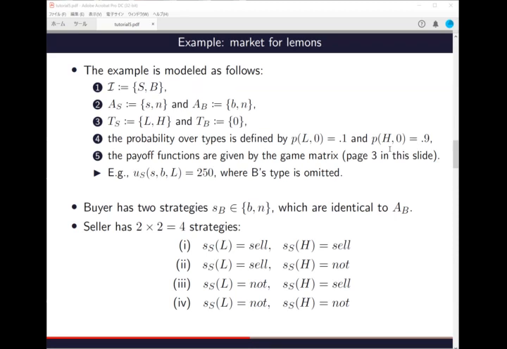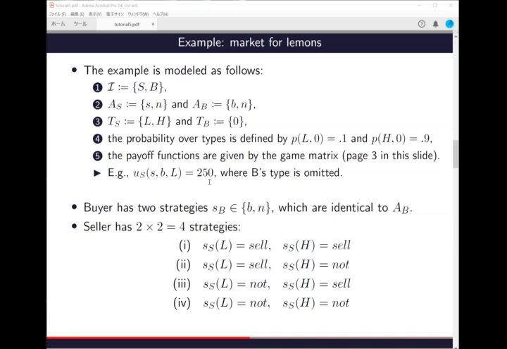The payoffs are given by the payoff matrix described previously. Now, in Bayesian games, the action and strategy are different from those of games of complete information. The seller's strategy is to determine which action to take depending on whether the seller is low type or high type. For example, the payoff of the seller, where the seller chooses to sell and the buyer chooses to buy, when the seller is of low type, is 250.